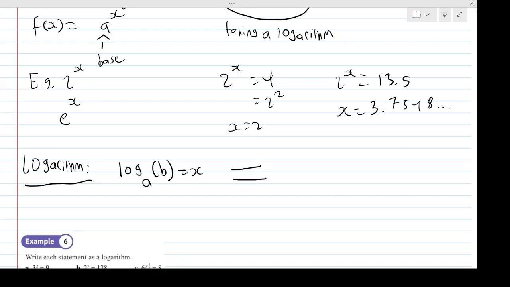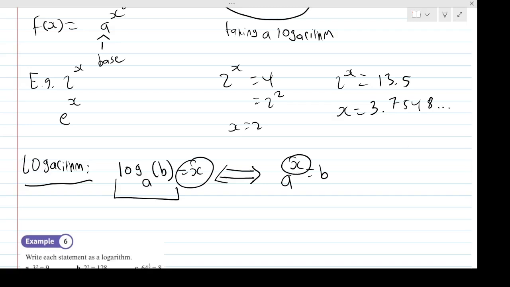This is the same as saying, as we just discussed, and I use these two arrows, which means it's equivalent to saying the exponential a to the power of x is equal to b. So what essentially a logarithm is saying is, this logarithm tells me the power x here. It gives me the power x.